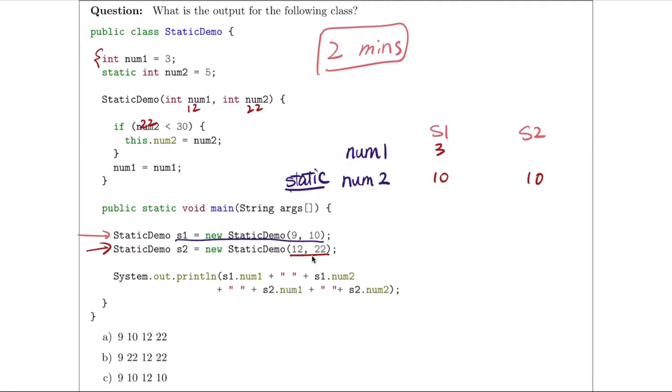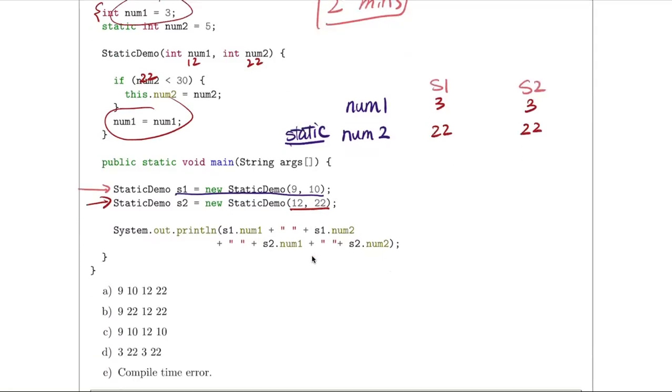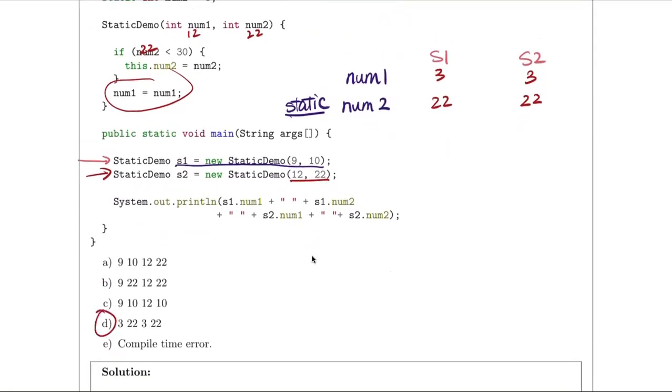So we change num2, which is a static variable, into 22. And num1 is still 3. We did not change it. So the correct answer is D. It's 3, 22, 3, and 22. D. Any questions?